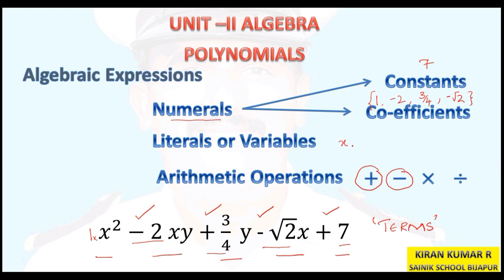In this particular algebraic expression, there is x as well as y. So this is an algebraic expression in 2 variables. There is no restriction on how many variables it should have. It can have so many variables.